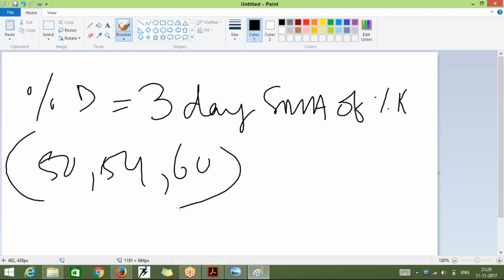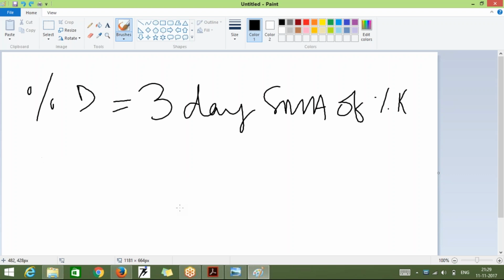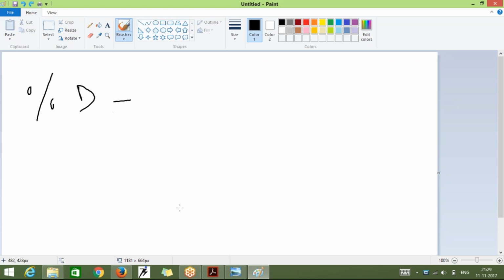The most important part of stochastics is the selection of the n period, how much period you are selecting. In general, in your trading terminal, the default standard is set as 14, but there is no hard and fast rule, and I cannot force you to use a 14 period stochastics.